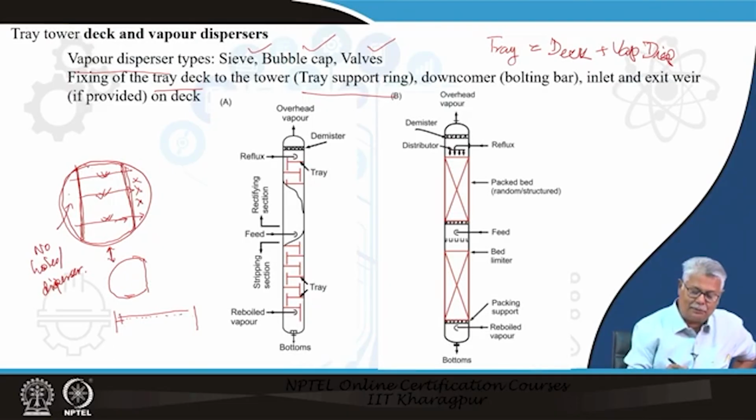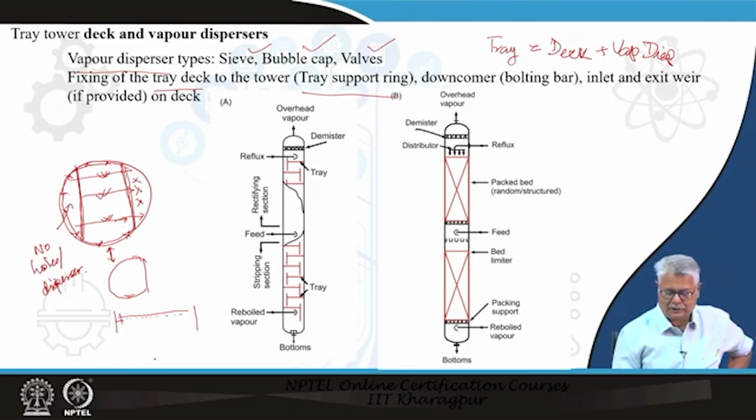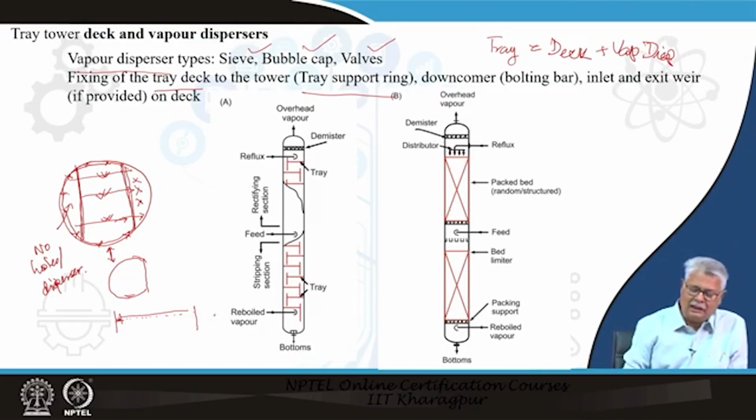That means I will have bolting at this point, this point, this point, and so on, and it does not exist here. So, there is no question of any bolting here. So, these are the bolts, and this tray ring will be usually welded to the shell, and on the tray support ring, your tray deck will be bolted.